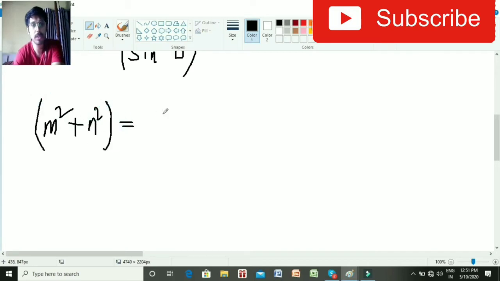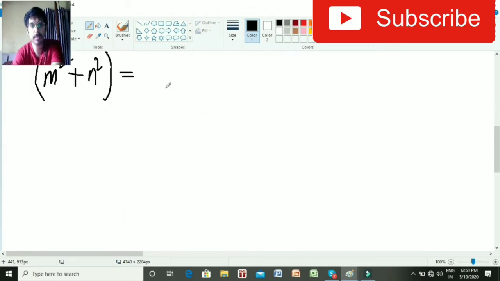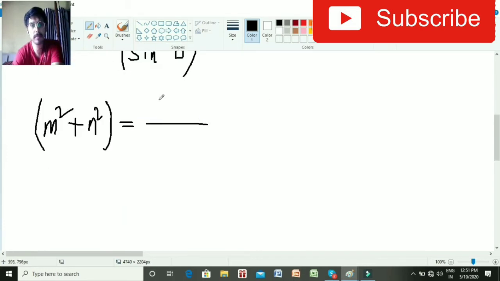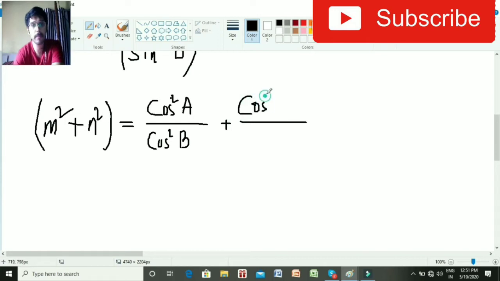So what is m square? Cos square A by cos square B, plus n square will be cos square A by sin square B. Okay, so now we can find out the LCM here.